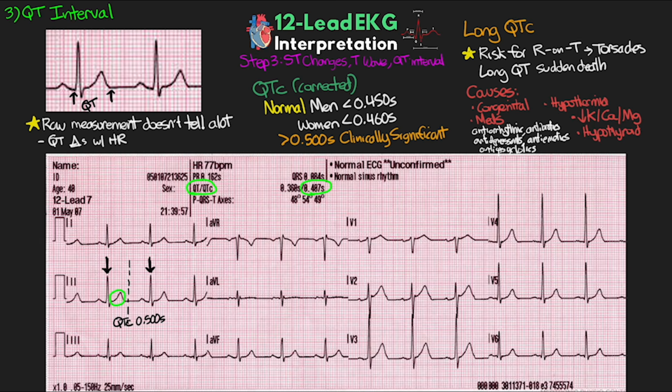But this is the general overview process that you want to go through. So again, this is just one example of one systematic approach. The important thing is that you find one approach that works for you and that you stick with it, religiously go through each and every step when you're evaluating an EKG. This way, when you're going through, you're not going to miss a single thing.